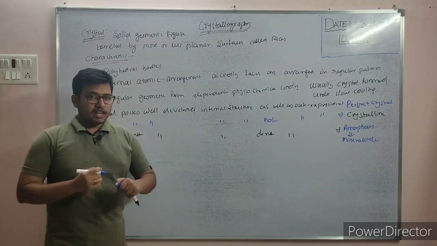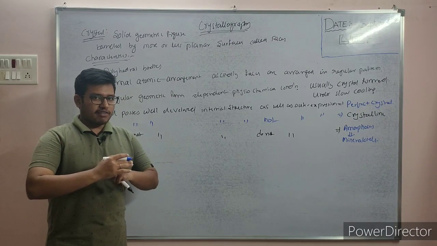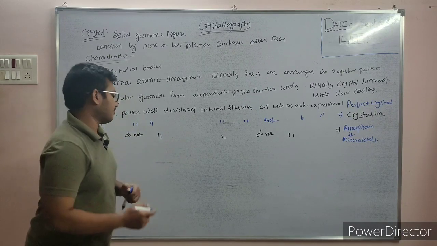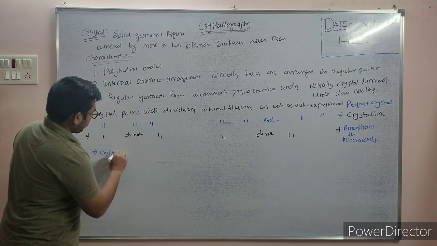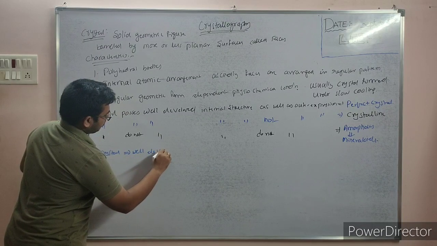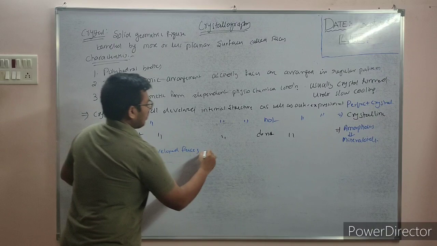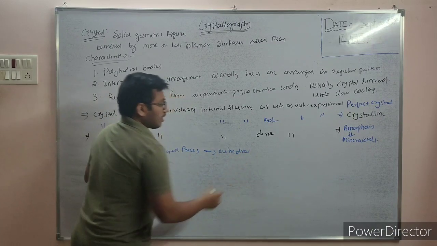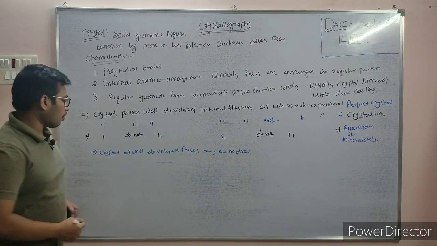Now, if the crystal possesses very well developed smooth planar faces, it is called a euhedral crystal. If the crystal possesses well developed faces, what do you call the crystal? As euhedral. And if it has imperfectly developed faces, what do you call it?